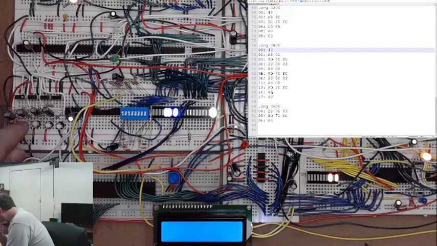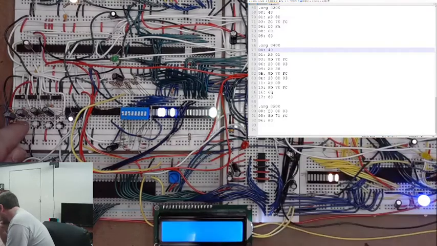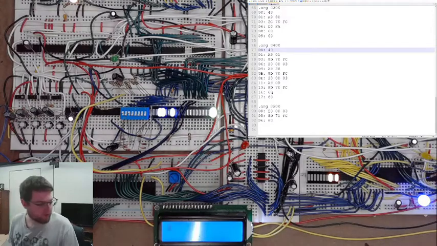Wait, nope, it's wrong again. What is this instruction that it's running?